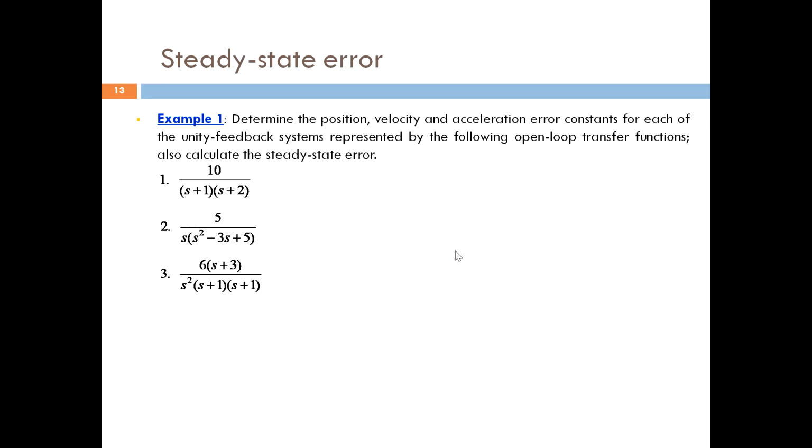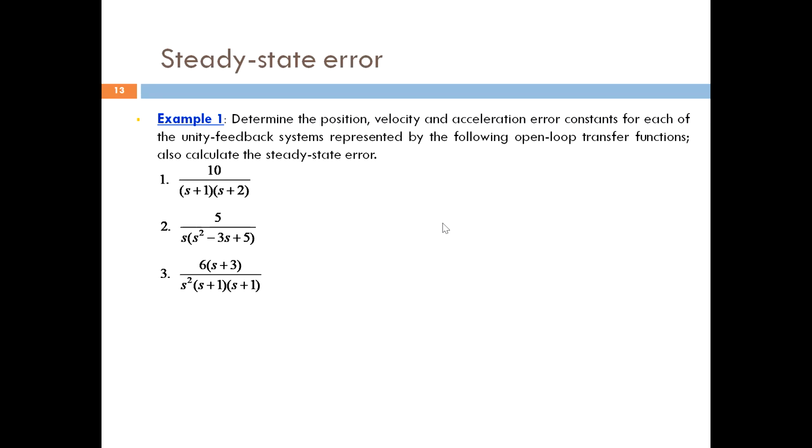Okay, so we look at a few examples here. We are given three systems, and we have to determine the error constants: position, velocity, and acceleration error constants.